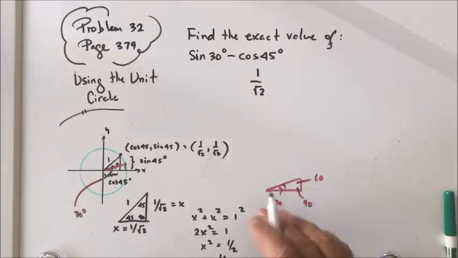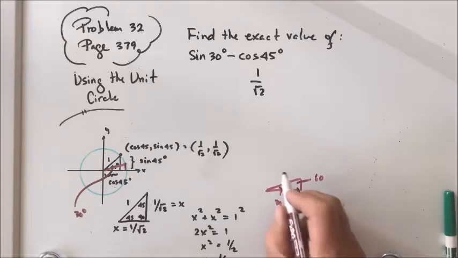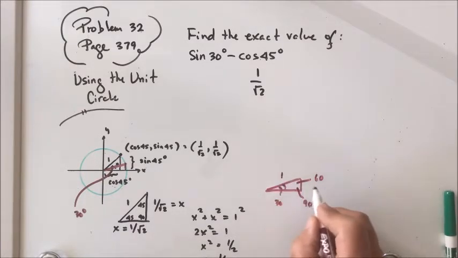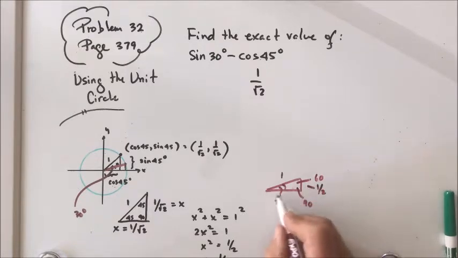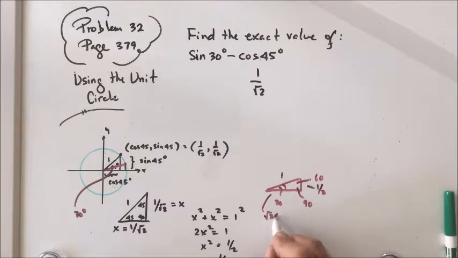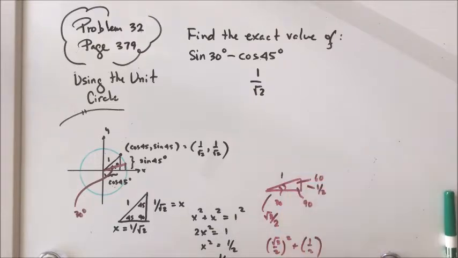These so-called 30, 60, 90 triangles have the property that if the hypotenuse is 1, the short side is 1/2 and the long side is root 3 over 2. And in fact, you can see that root 3 over 2 squared plus 1/2 squared is equal to 3 over 4 plus 1/4, which is equal to 1. And that's what you'd expect. This side squared plus this side squared is equal to 1.